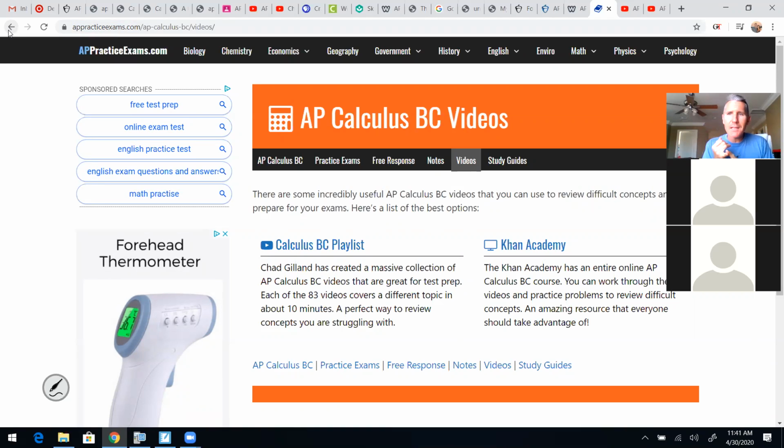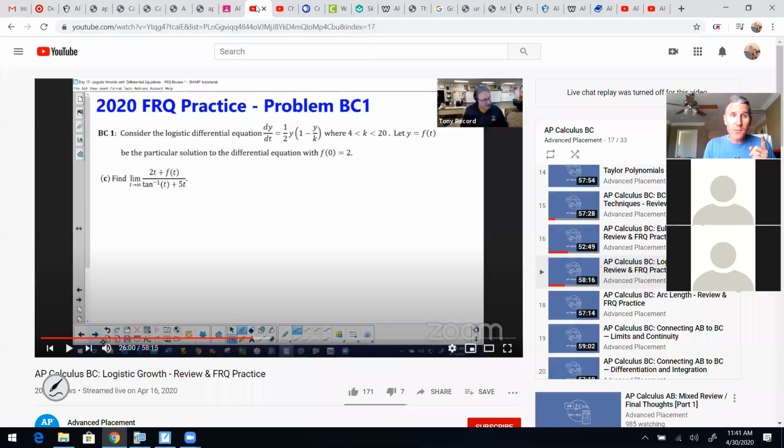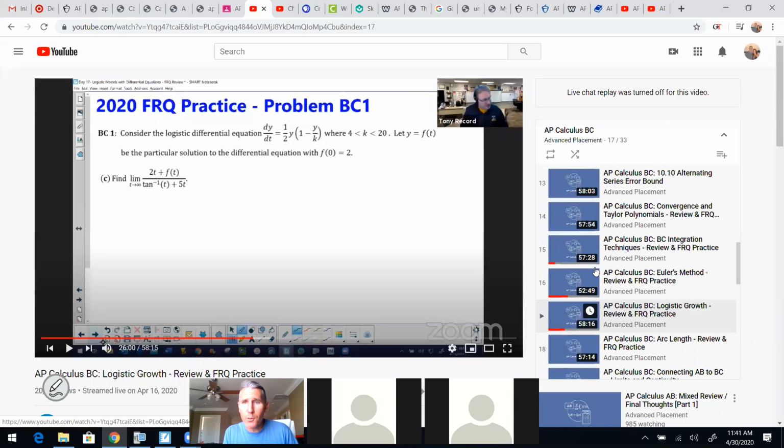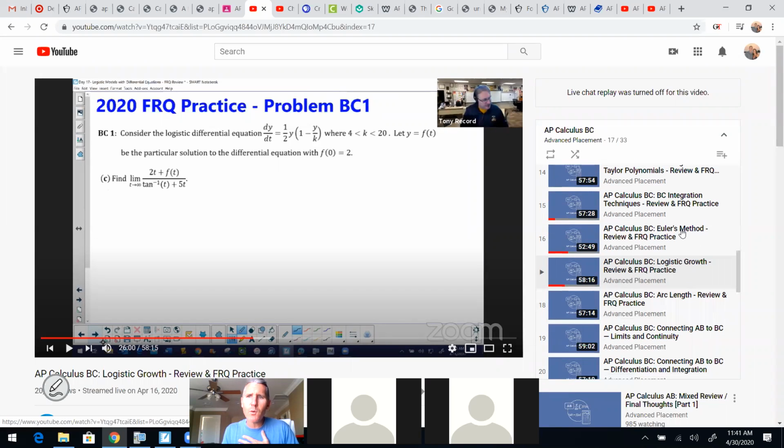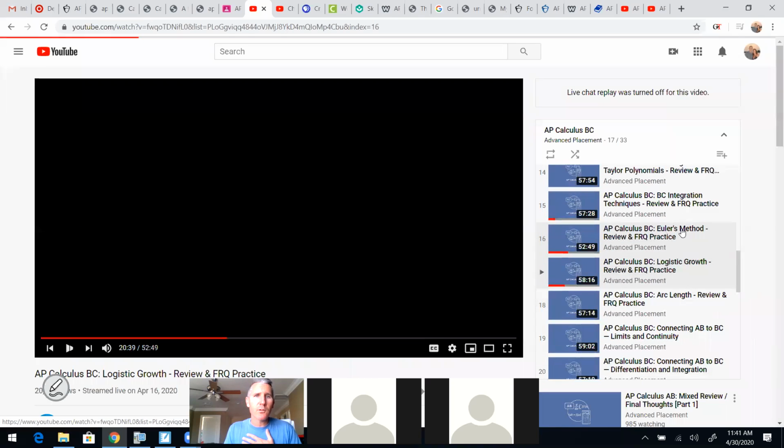If you're struggling on any particular concept, like Euler's method, my approach would be, first and foremost, to go through this site, and if it's an AB or BC concept, say, oh yeah, I really want Euler's method, and then go through.